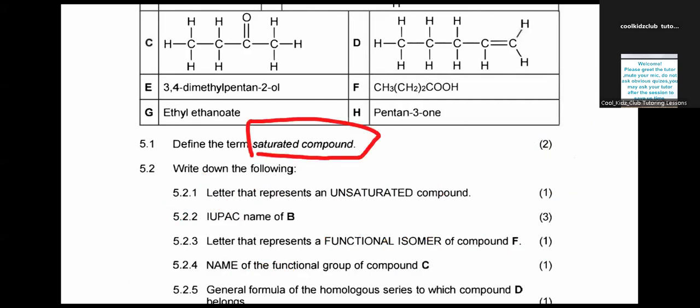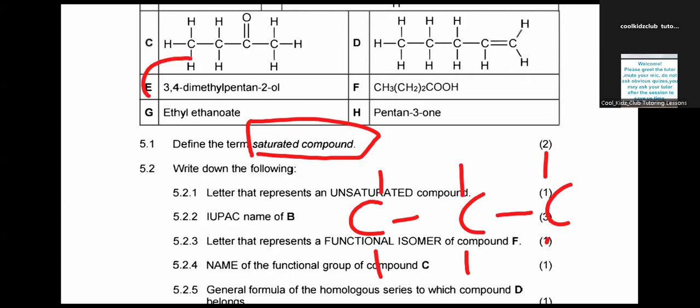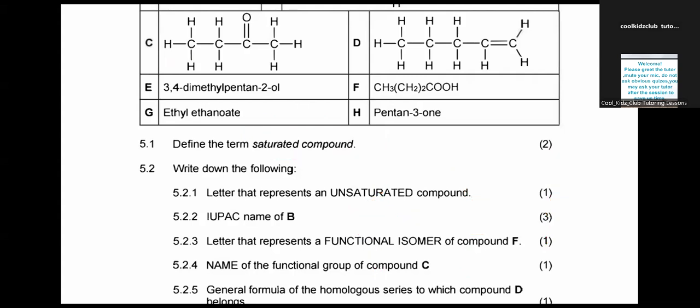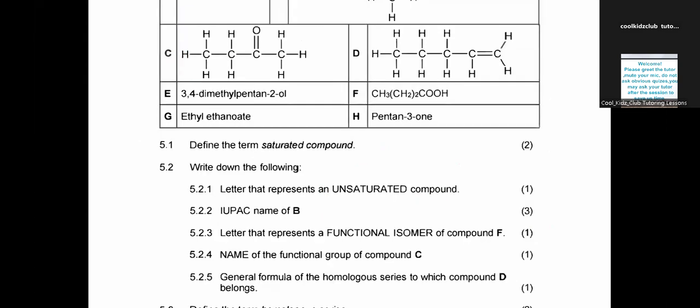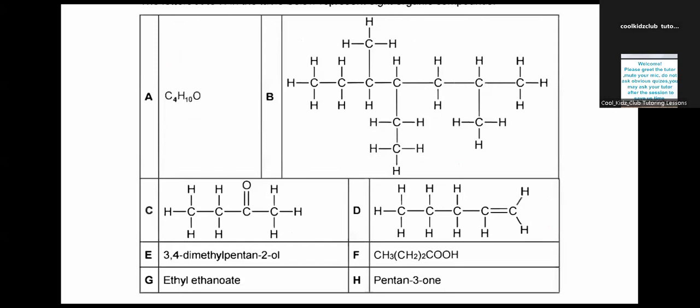So basically, when we talk about saturated, we talk about structures with single bonds. Should we see a double bond like that one, then it's going to be an unsaturated compound. So C will be an example of an unsaturated compound, and number B will be an example of a saturated one because there are no multiple bonds. I believe it makes sense.